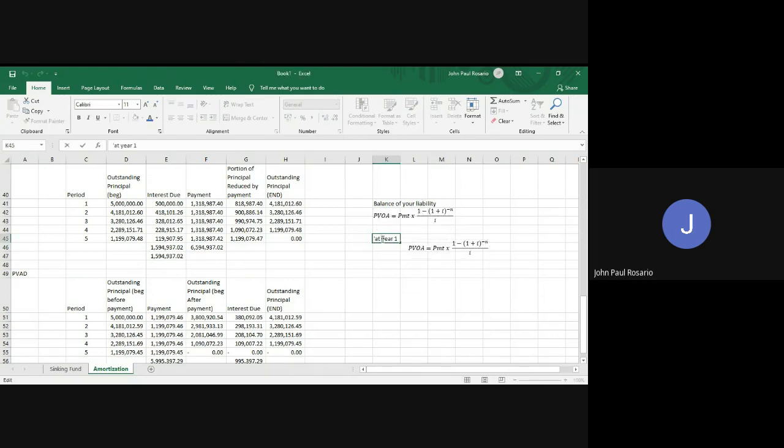At the end of year one, how many payments have you missed, or how many payments are yet to be made? If you have made payments already for 1 year, it means you still have to pay for 4 more years.